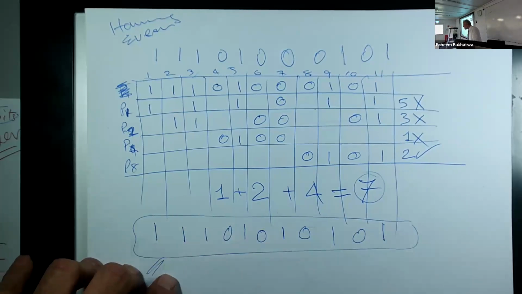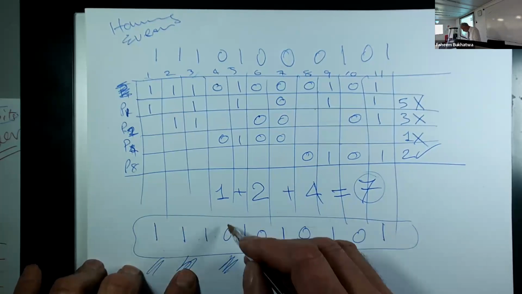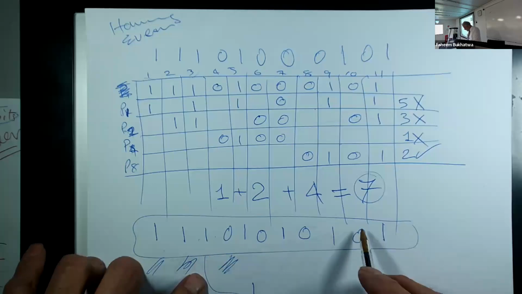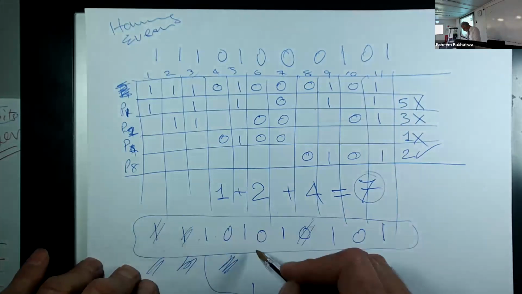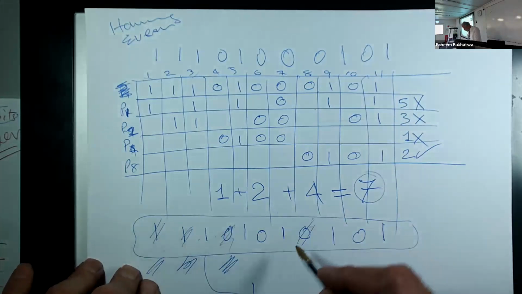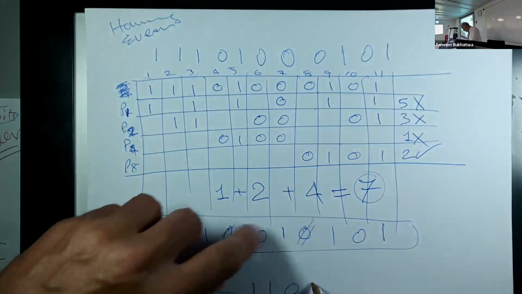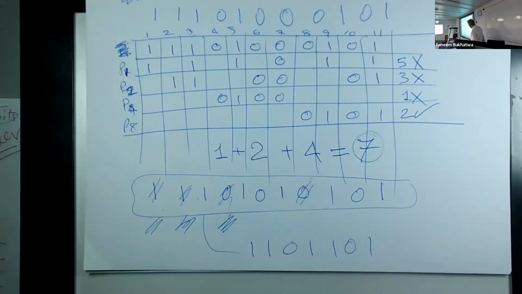What else? And 2, hurry up. And 4, 1, 2, 3, 4. This one is gone. So I'm going to take that one and 8 as well. So that one, number 4, and number 8. So the data that's left is 1, 1, 0, 1, 1, 0, 1. That's the original user data after getting rid of the parity bits.